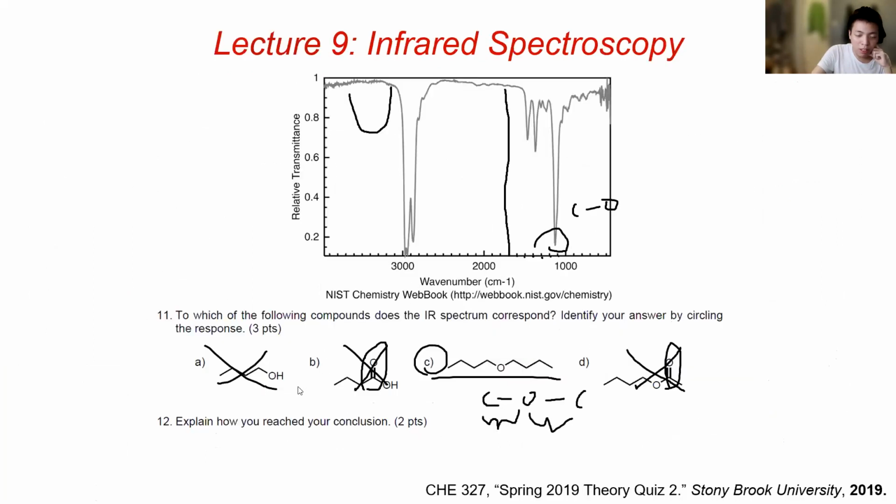So that can be your explanation of how you reached your conclusion. You can say that you observe there's no carbonyl stretch, no OH stretch, and that's how you eliminated answer choices A, B, and D.